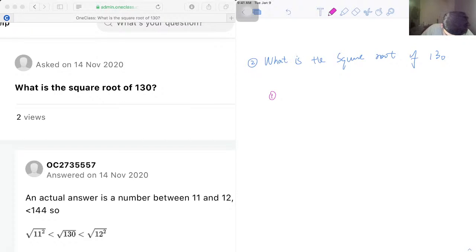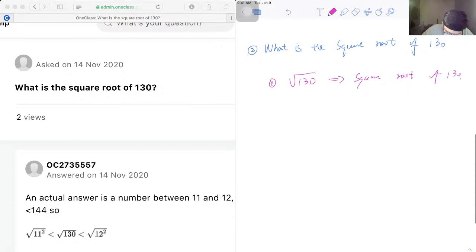So the square root of 130 can also be written as root 130 equals 2 times 5 times 13.